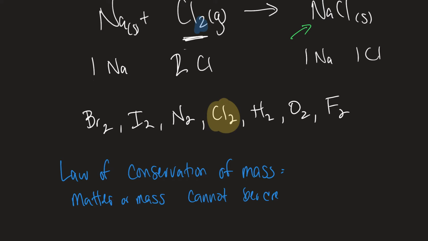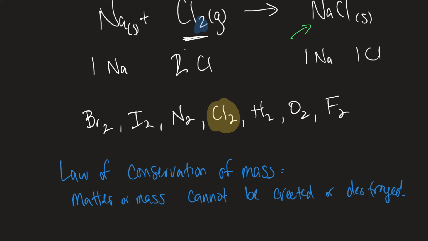That's an ugly B. I apologize. I'll erase that. Cannot be created or destroyed. And so if you start off with the chlorine, you need to end off with the chlorine. So what do we do in this situation?